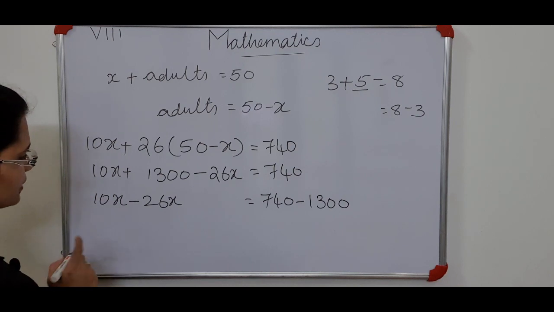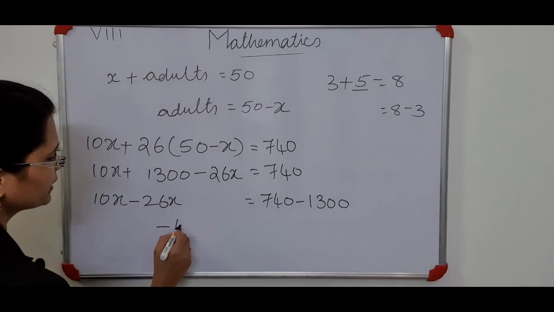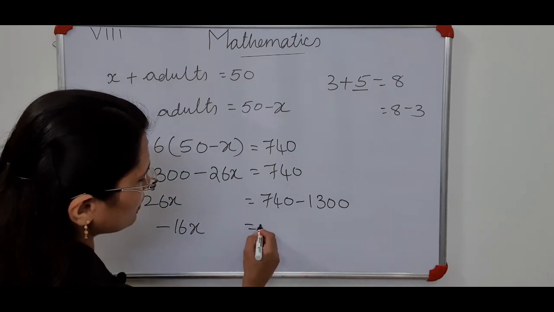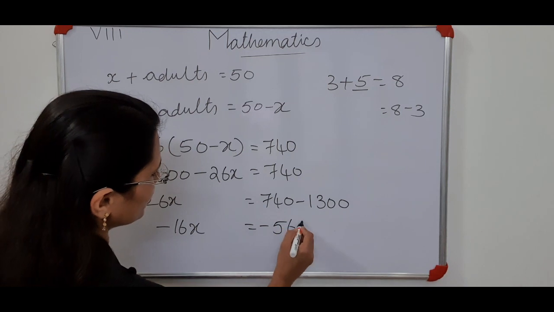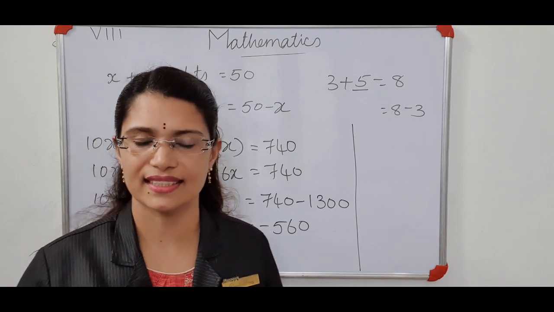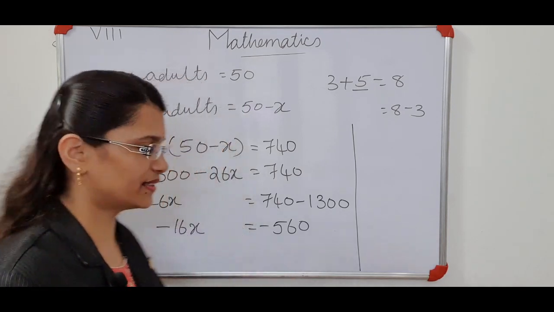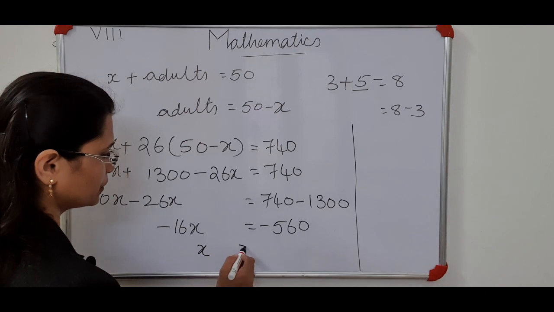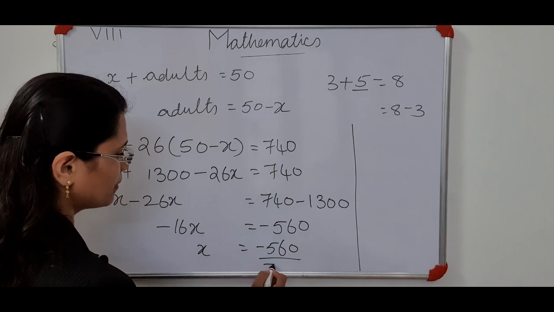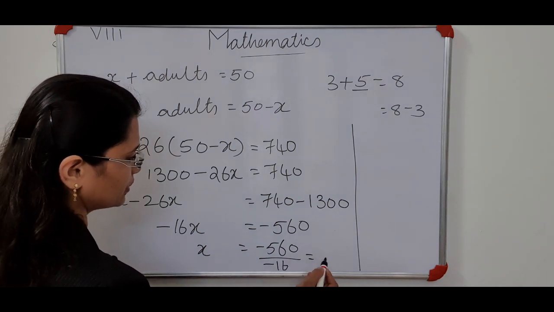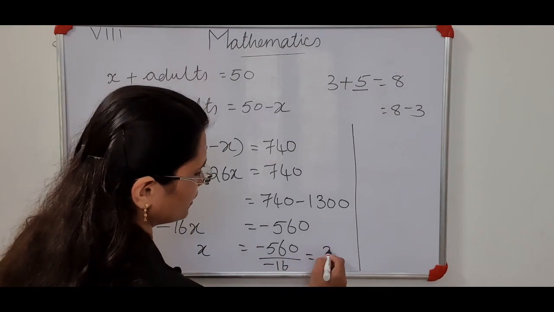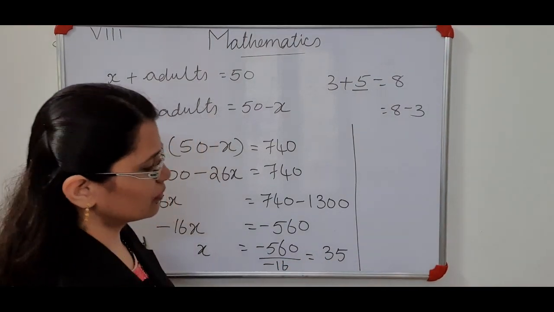So, 10x minus 26x is minus 16x, is equal to 740 minus 1300, is equal to minus 560. Minus 16x is equal to minus 560. So, x is equal to minus 560 divided by minus 16, this minus and minus got cancelled, and the answer is 35.